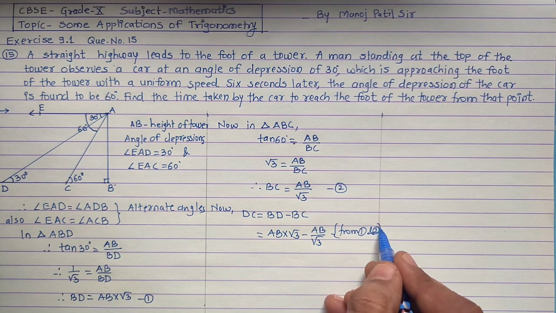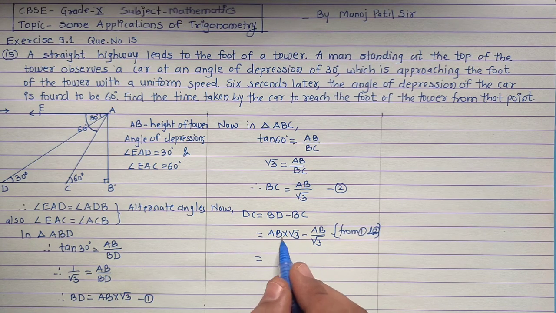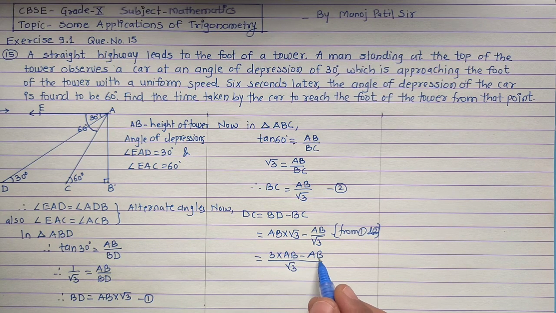Now AB root 3 multiplied by root 3 is 3 multiplied by AB, minus AB as it is, and the denominator will become root 3 because the LCM is root 3. So 3AB minus AB is the 2AB. So we can write 2AB upon root 3. This is the value of DC. We can call this equation number 3 because we want to use it.